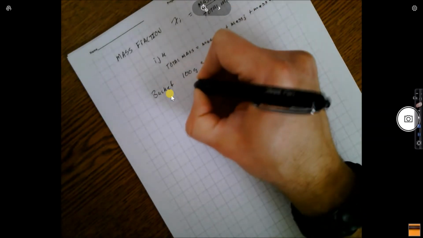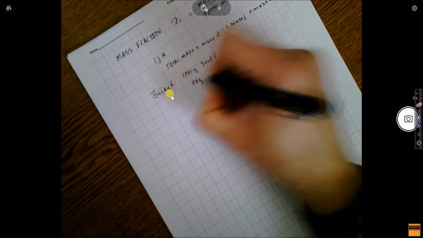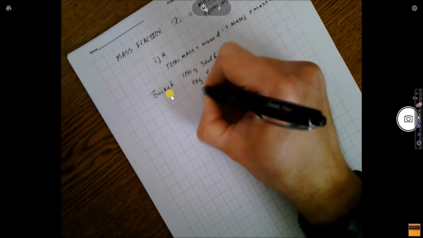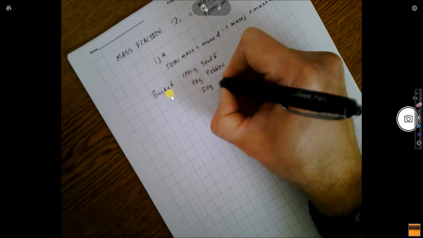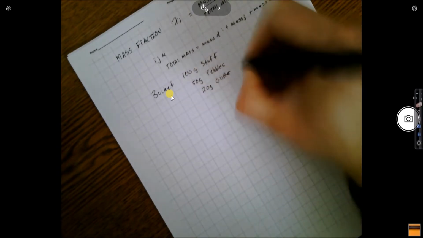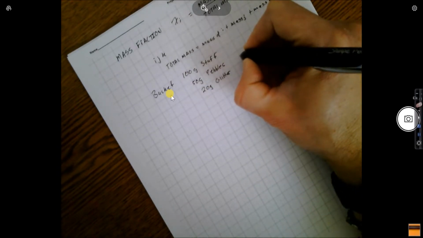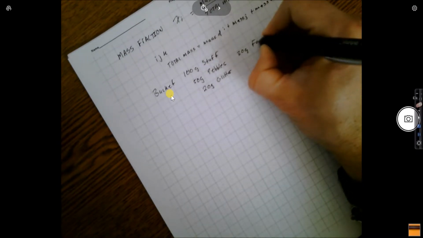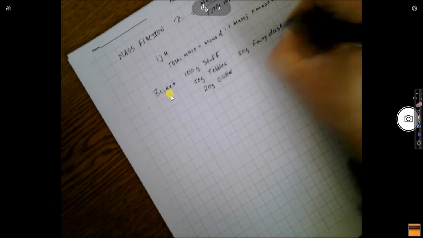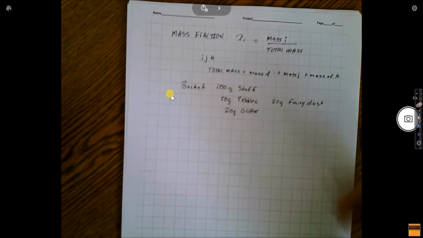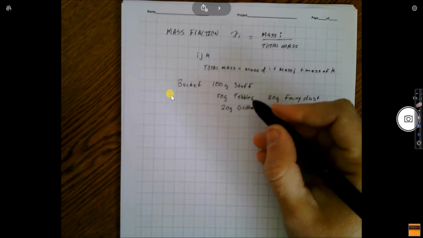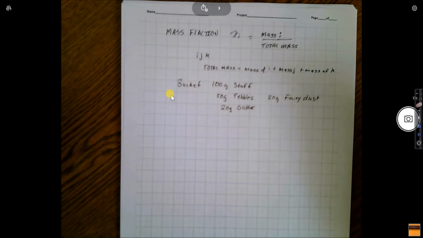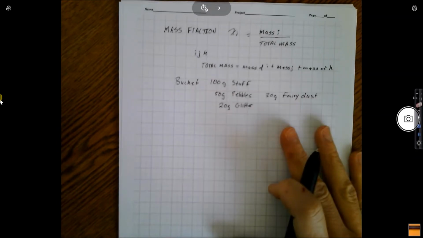That stuff is 50 grams of pebbles, 20 grams of glitter, and, to get to 100, 30 grams of fairy dust. I'm making my troll Halloween party costume or something, I don't know.